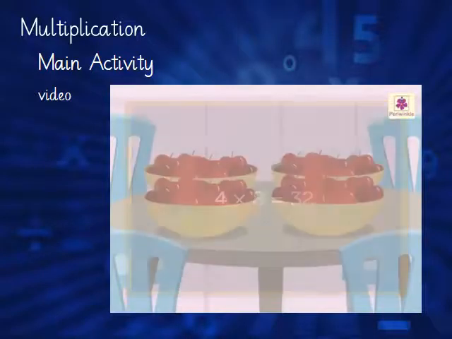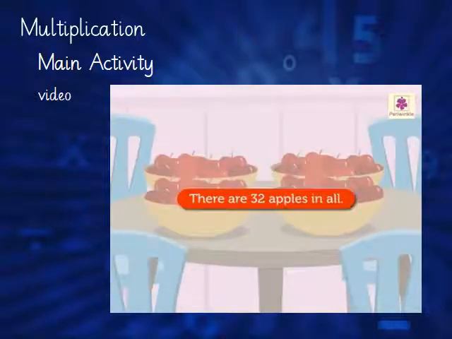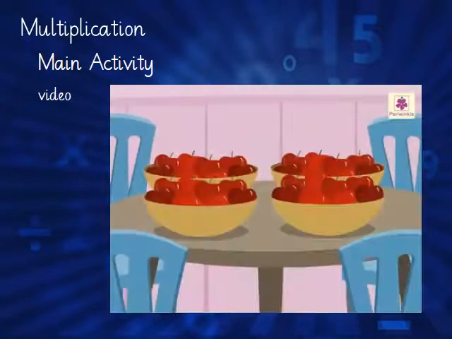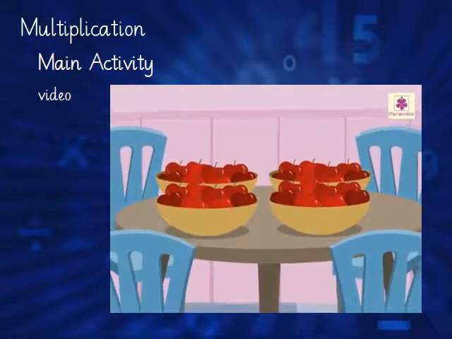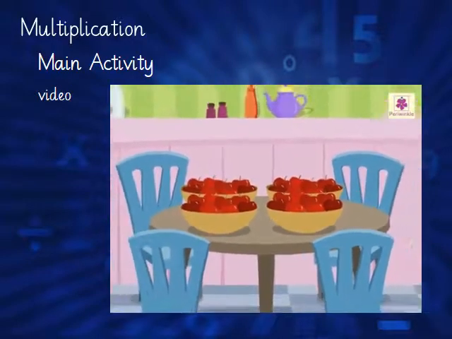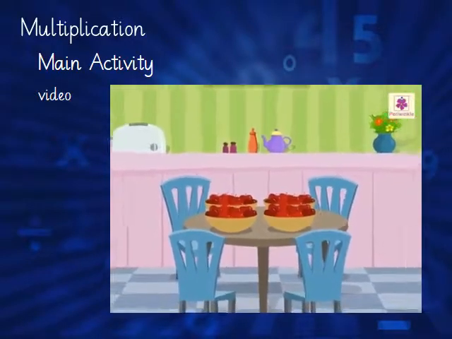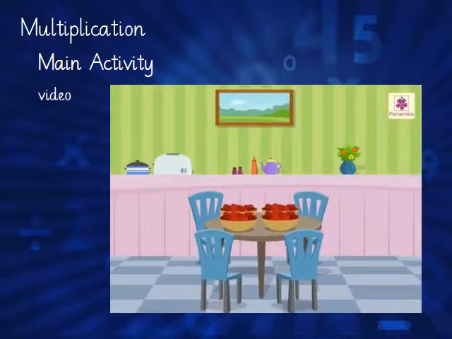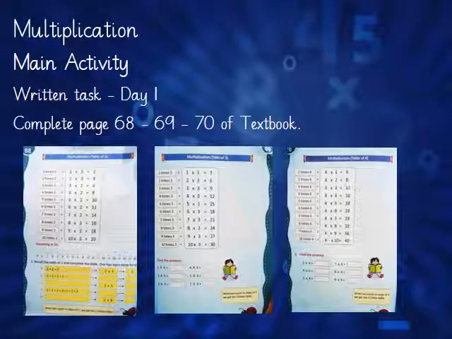Well done, friends! There are 32 apples in all. Woohoo! Wasn't solving these stories with one-digit numbers very easy? Hope the video was interesting and the concept of multiplication is quite clear to you.